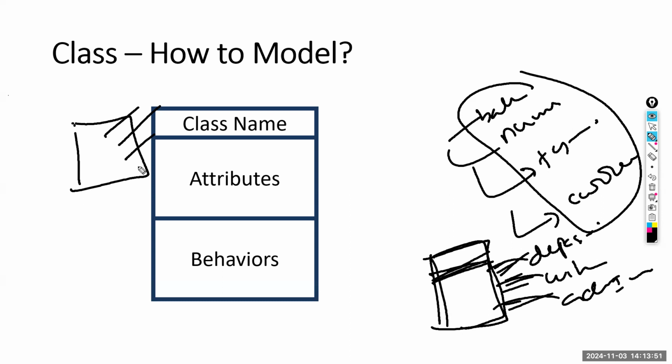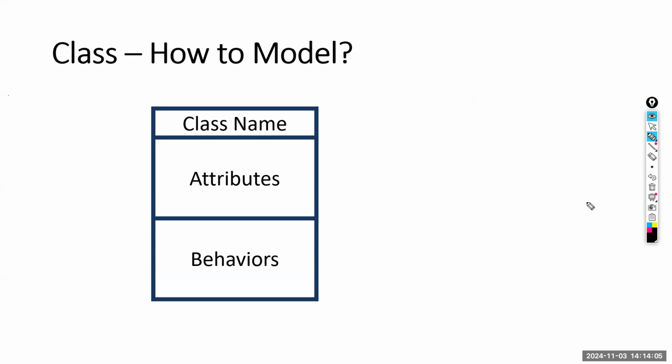Then what is a class? Your system has so many objects: so many account objects, payment objects, customer objects, student objects, teacher objects, course objects, depending on your system. So then what is a class?